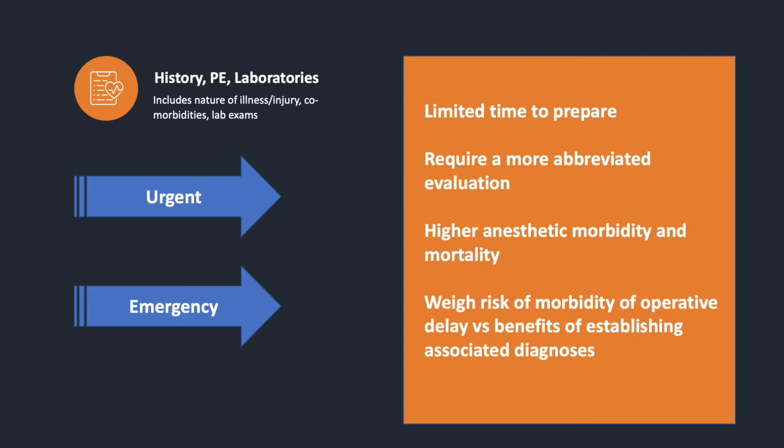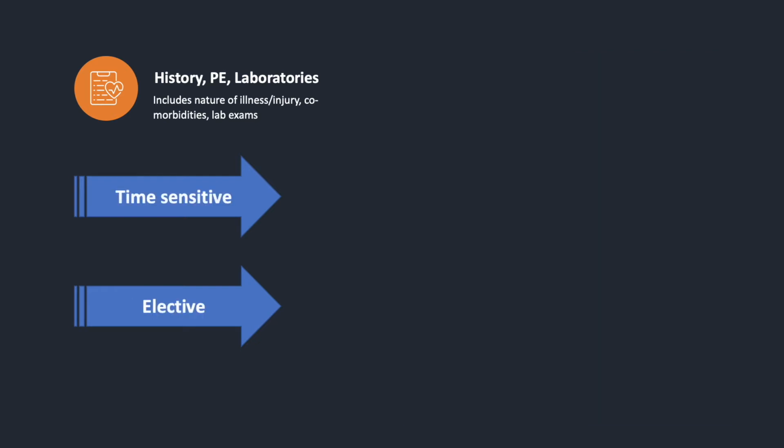They require a more abbreviated evaluation, which therefore increases anesthetic morbidity and mortality. So the anesthesiologist and the surgeon must weigh the risk of morbidity of operative delay versus the benefits of establishing an associated diagnosis that can influence patient management.